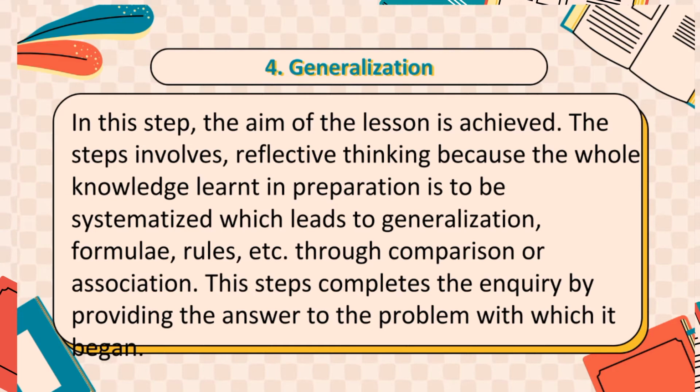And then they will think how to apply these concepts onto their real life or daily experiences. And by this step, we can make sure that the aim of the lesson that we stated during our introduction is already achieved.